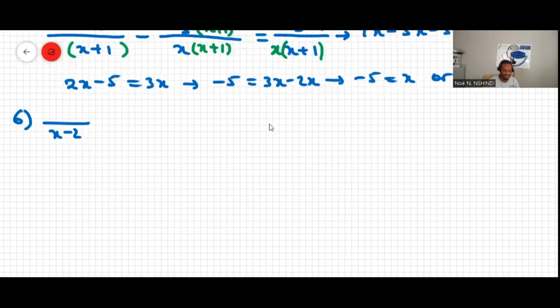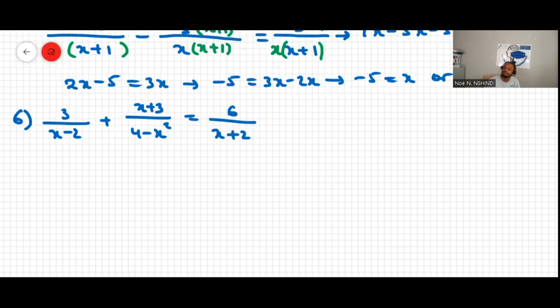In question 6, we have 3 over x minus 2, plus 4 minus x squared, and x plus 3 equal to 6 over x plus 2.